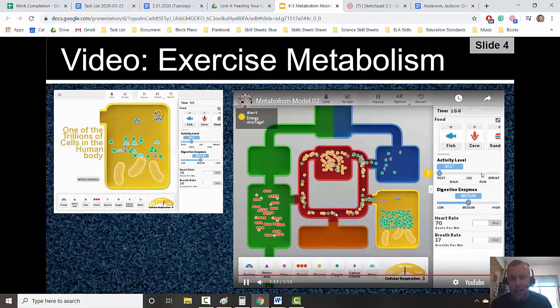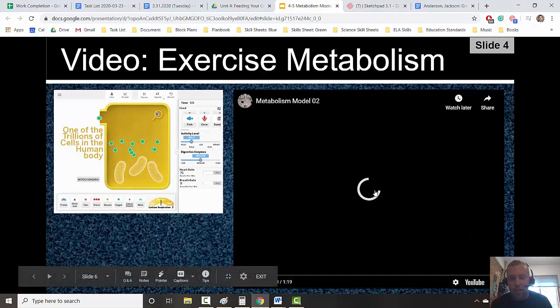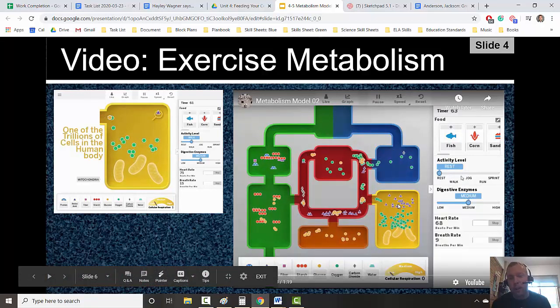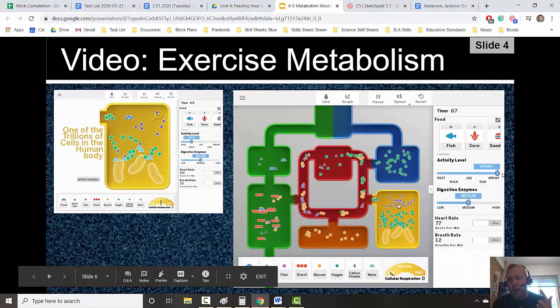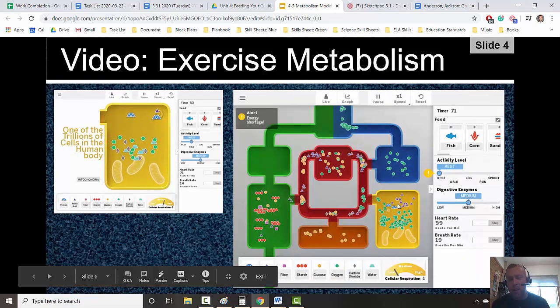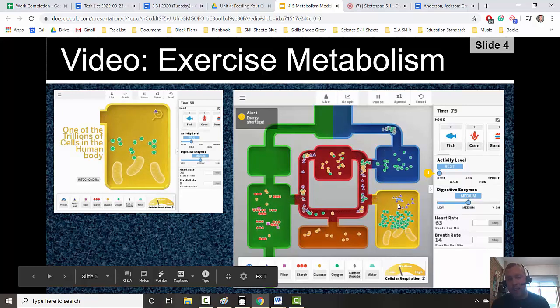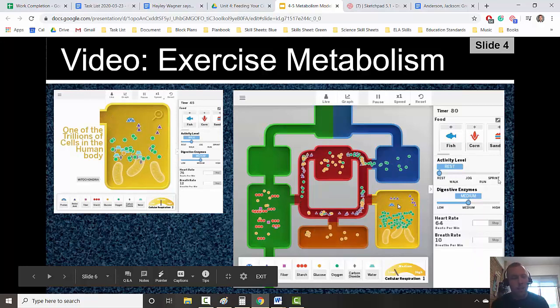So look how fast our heart is working here to try to get all that glucose to your cells, because unless you can do cellular respiration, you're going to run out of energy and you can't exercise anymore. So those are the reasons why your heart pumps faster when you exercise and why you breathe more heavily when you exercise. You're basically trying to get your cells enough oxygen and glucose to keep doing that cellular respiration, which is going to give you the energy you need.